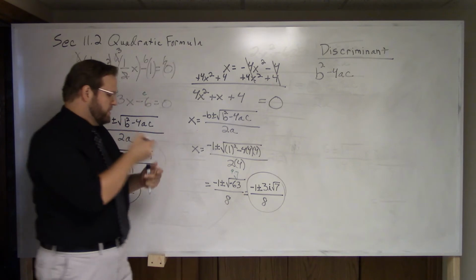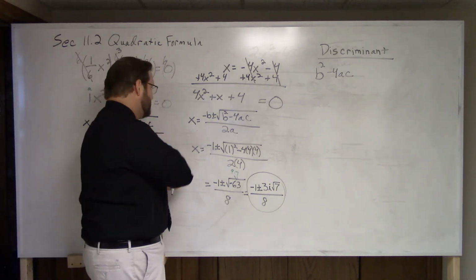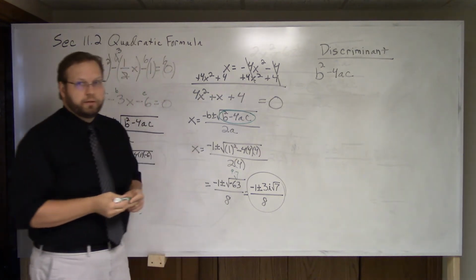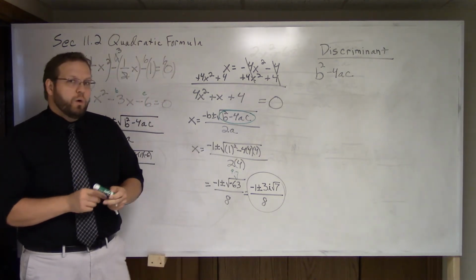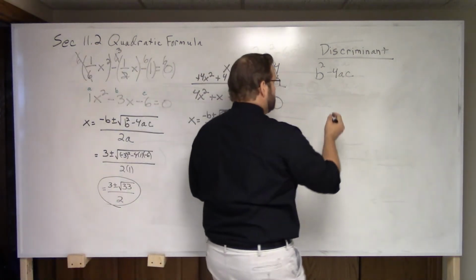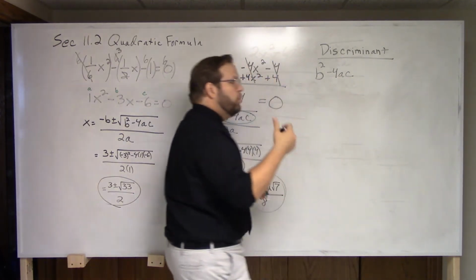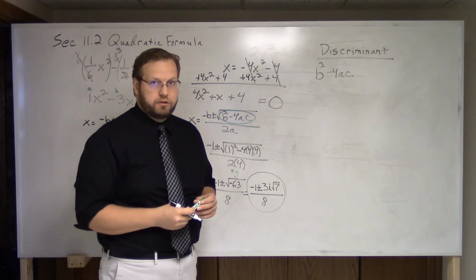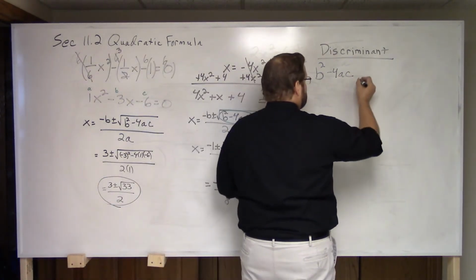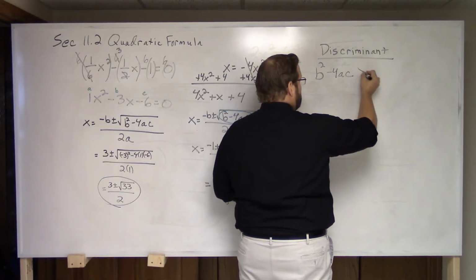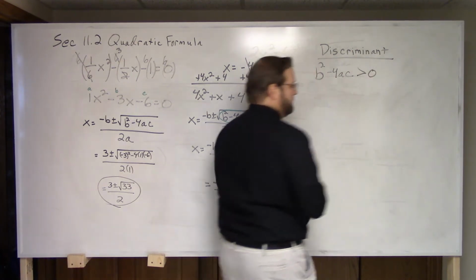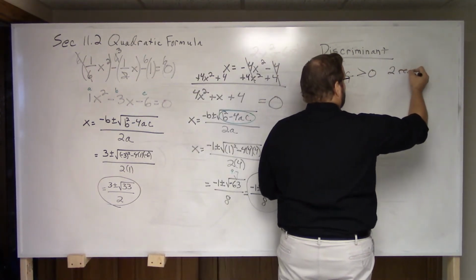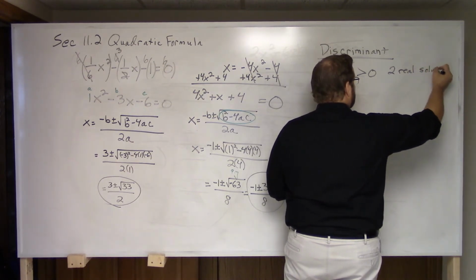That discriminant right there is the exact same thing as this radicand within the quadratic formula. Now what they have you do is tell what the solutions will be like based on that calculation. So what that means is if this calculation ends up being positive, what we're going to have are two real solutions.